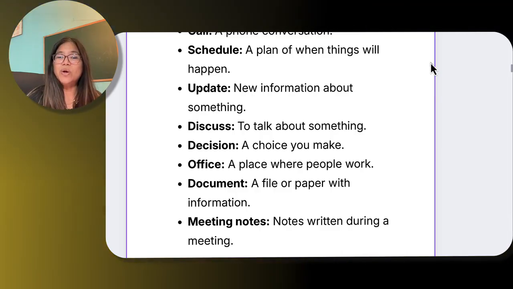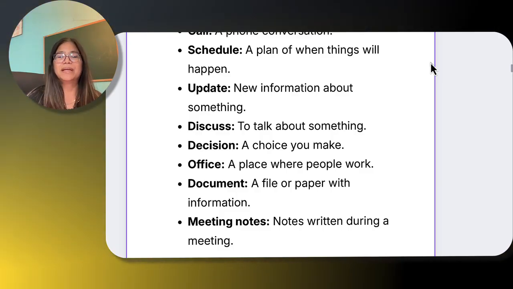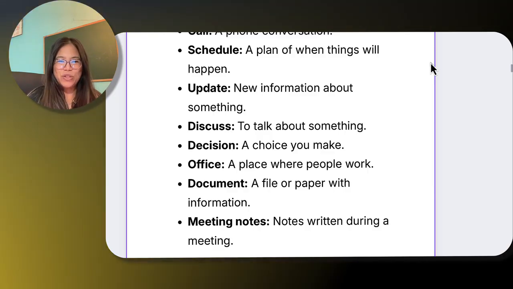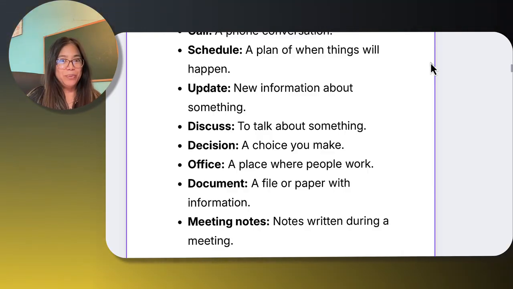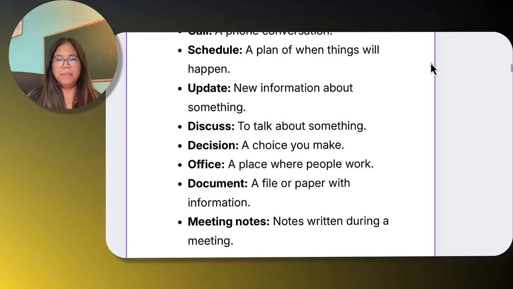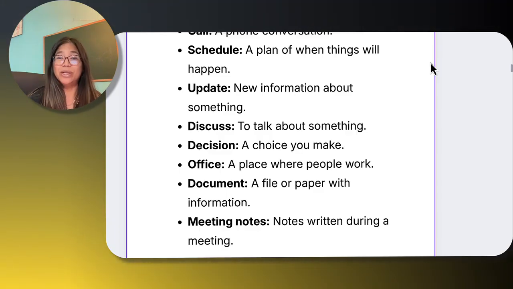Discuss. To talk about something. Decision. A choice you make. Office. A place where people work. Document. A file or paper with information. Meeting notes. Notes written during a meeting.